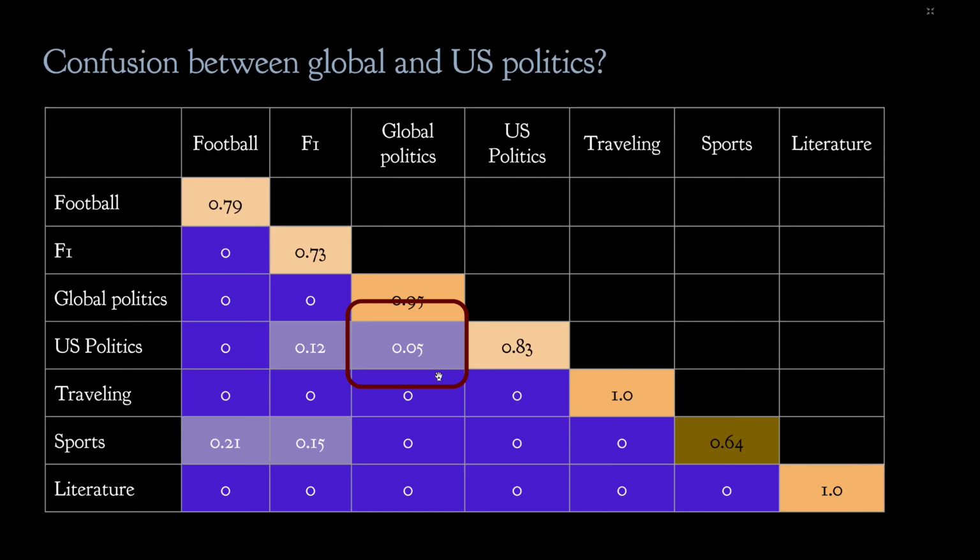So for instance, somewhat surprisingly, we saw a confusion happening between global politics and US politics. You would think that you would be able to say whether something is about US politics specifically or global politics.